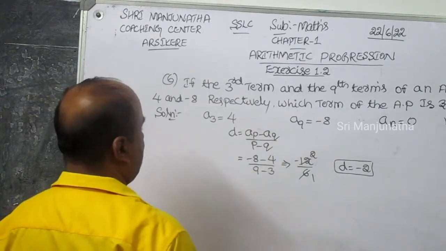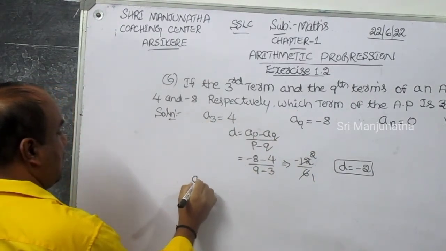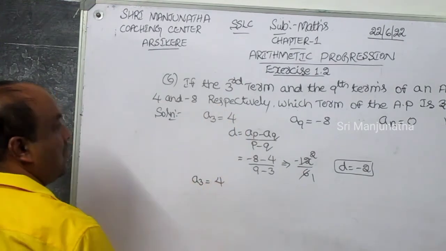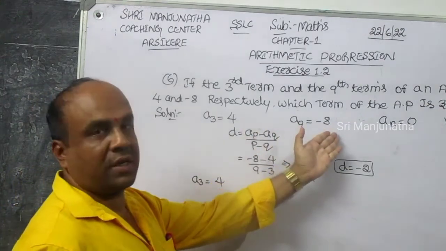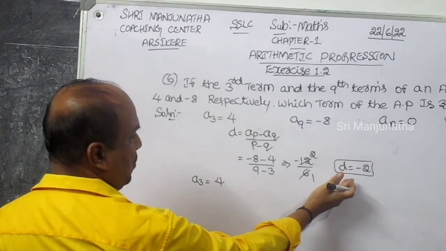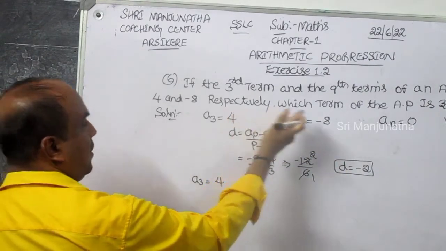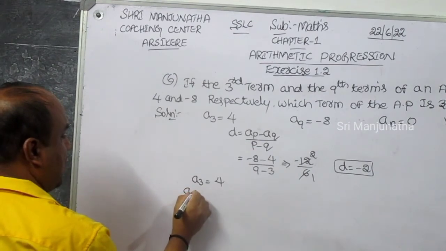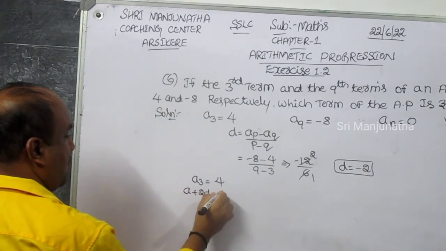So I have to take a3 for my convenience. a3 is equal to 4, a9 is equal to minus 8. Okay, it's the same, there is no change. Apply d equals minus 2 in either one. a3 is equal to 4, so you have to write a plus 2d is equal to 4.